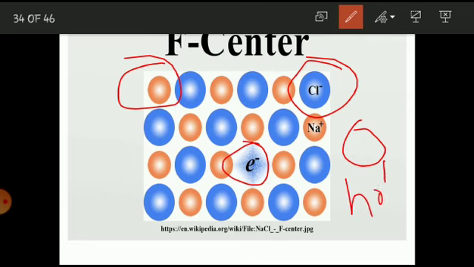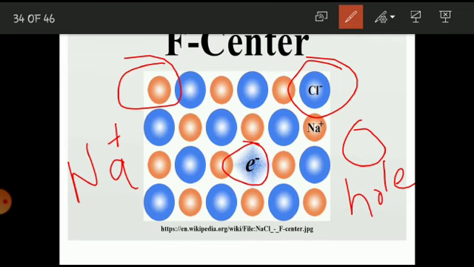Due to this anionic vacancy, the number of sodium plus ions, that is metal, increases. Therefore it is called a metal excess defect due to anionic vacancy.